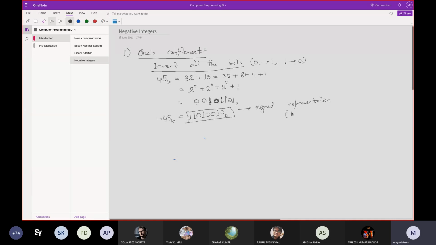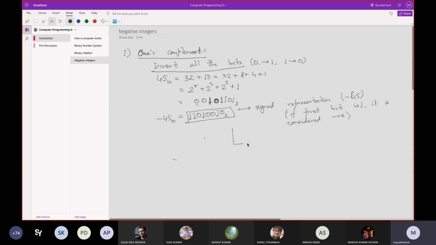Signed representation, where if the first bit is 1, it is considered negative. Corresponding complement is done to get its original value. So this number in signed representation will become minus 45.